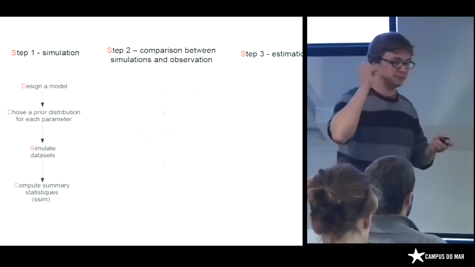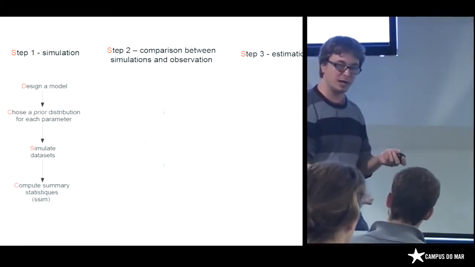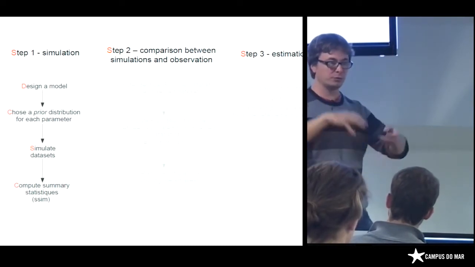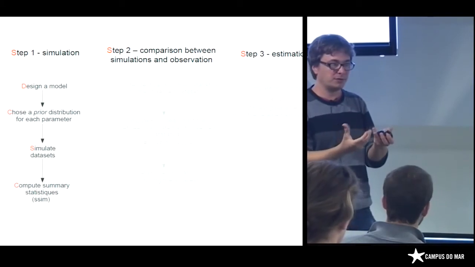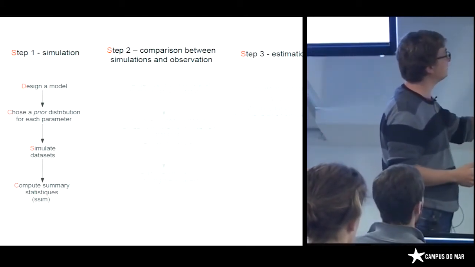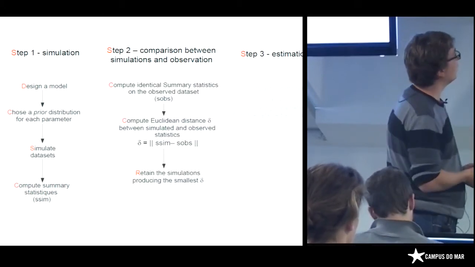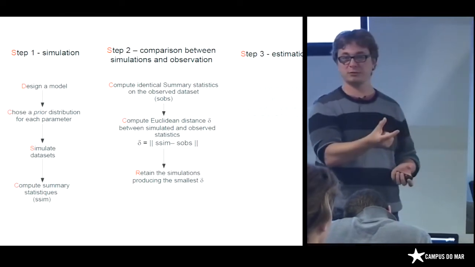So the first step, you choose a model, you simulate, and you compute a description of the simulation output, the summary statistics. Then you have to compare simulations with the observed dataset.